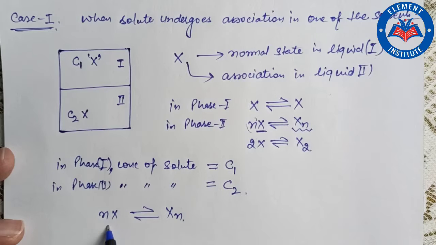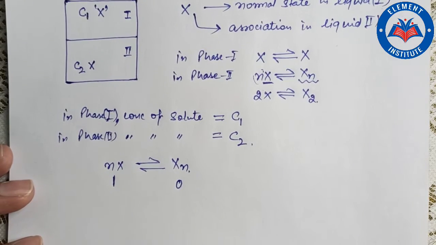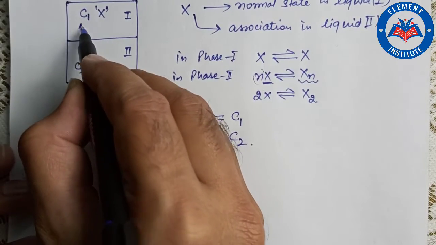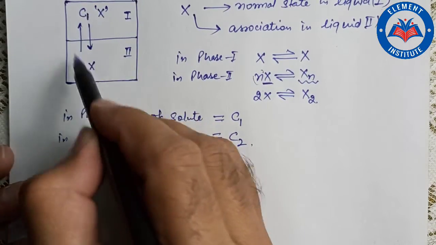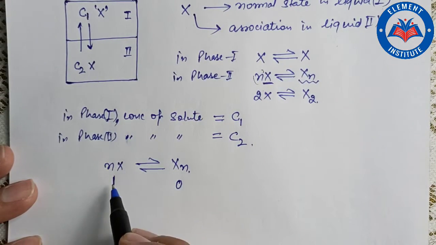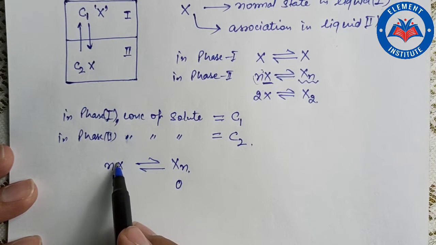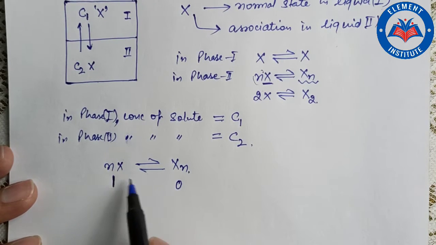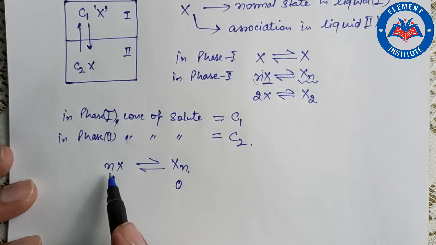Now suppose initially there is 1 mole in phase 2 and there is no association in the starting. When the equilibrium is maintained between the two liquids, when the distribution of solute X is completed, at that stage suppose the 1 mole of X in phase 2 undergoes association, and suppose alpha is the degree of association of solute X in phase 2.